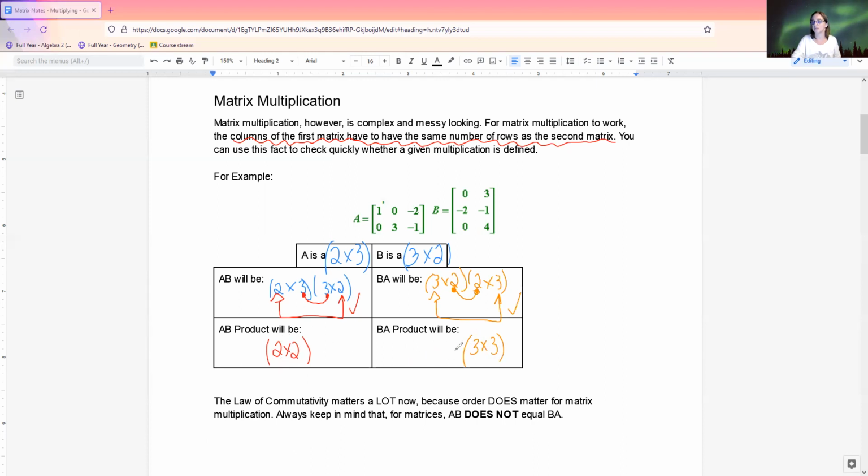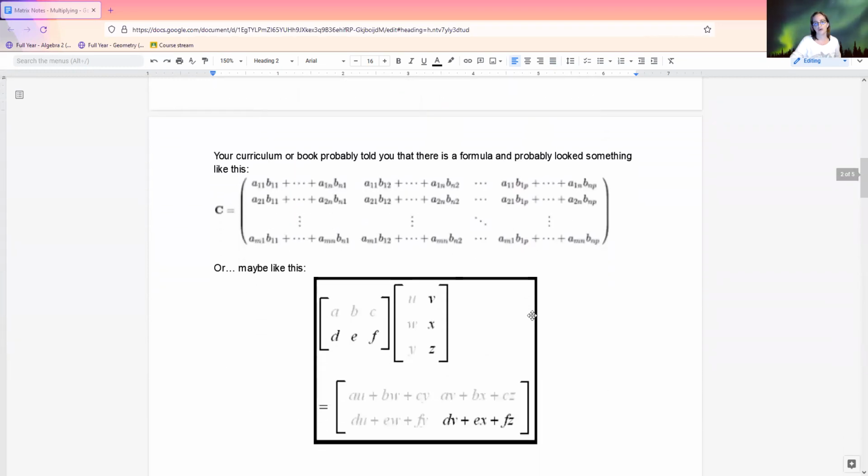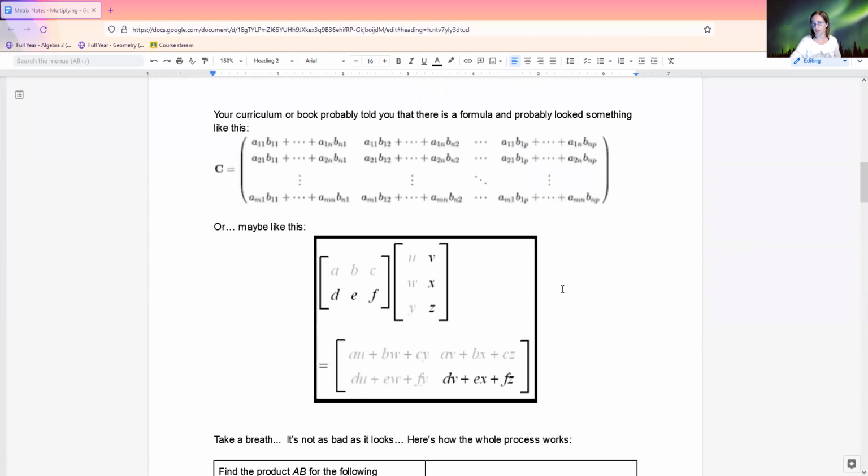B times A is bigger than A times B. So it does not equal the same thing. You have to multiply them in the order that's given to get the correct answer. So be real careful about that, that you're not switching orders. Okay? All right, we are going to move on to what does this look like in your book?